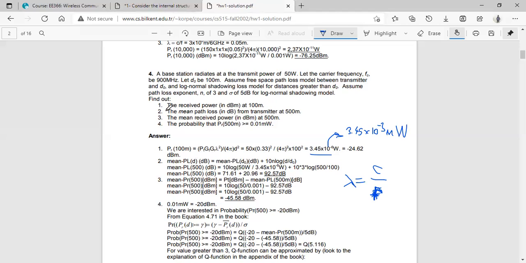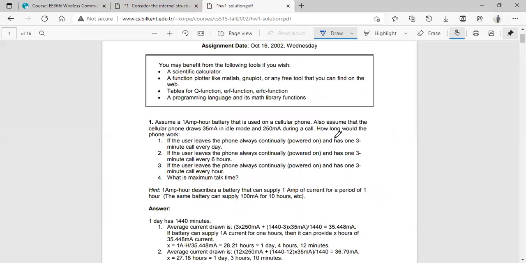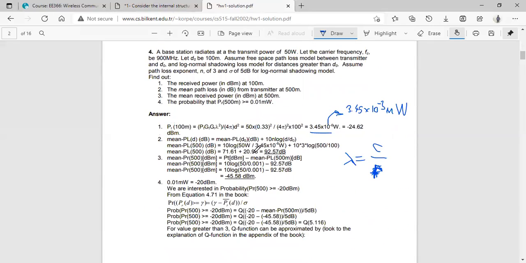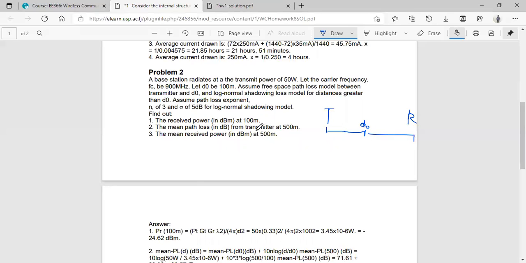Next is to find the mean path loss in dB from the transmitter at 500 meters.